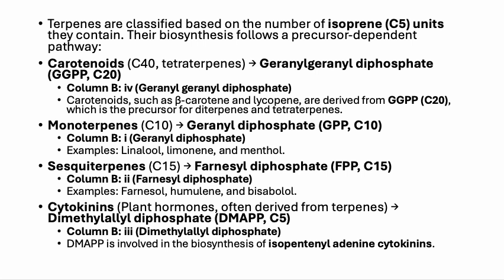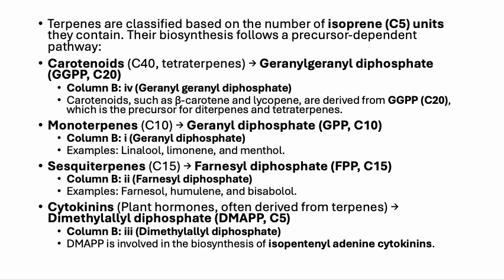If we look at carotenoids, these have 40 carbon units, which means that these are tetraterpenes. One example is geranyl diphosphate, which is a C20.